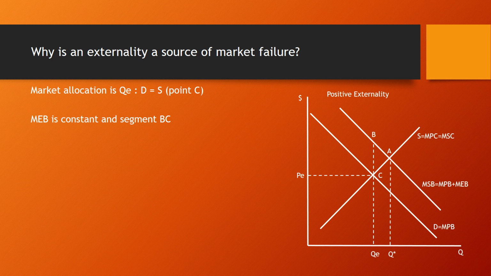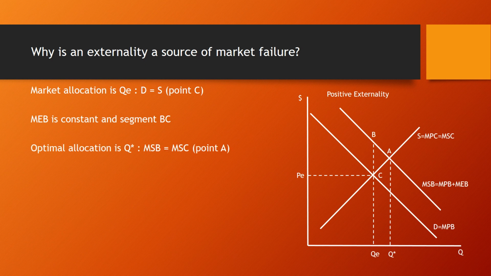This marginal private benefit is really what people in the community are willing to pay to obtain another unit of the good. But with a positive externality, another unit of the good also provides a benefit to third parties. So, in the case of a positive externality, the marginal social benefit equals marginal private benefit plus marginal external benefit. The marginal social benefit curve, thus, is above the demand curve in the model.